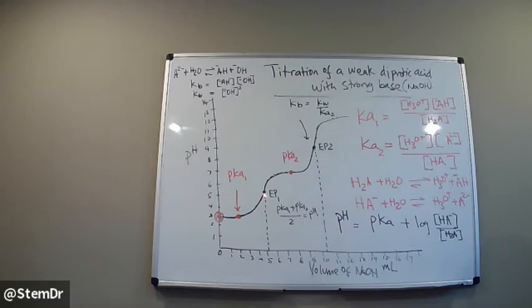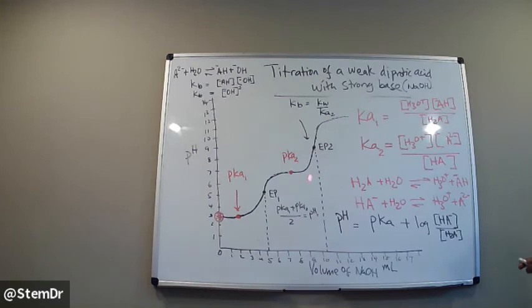The first proton would be deprotonated, and whatever volume you took from here to here, you need also that much volume of sodium hydroxide or your base to completely reach endpoint 2. Therefore, halfway would be pKa2. That means when the conjugate base concentration and the conjugate acid concentration are equal, pKa2 would be equal to that pH.